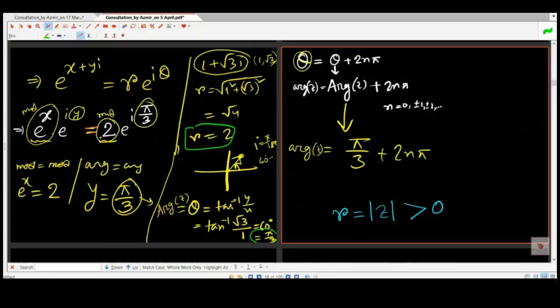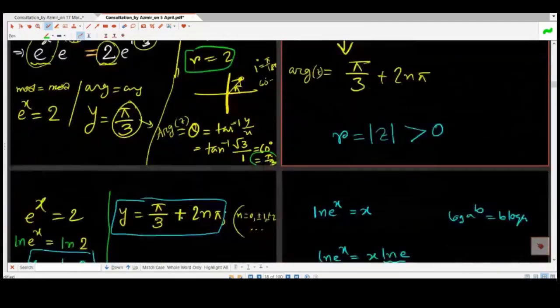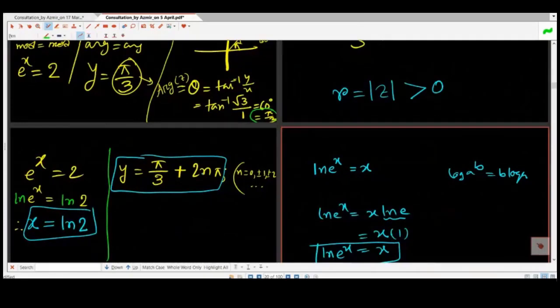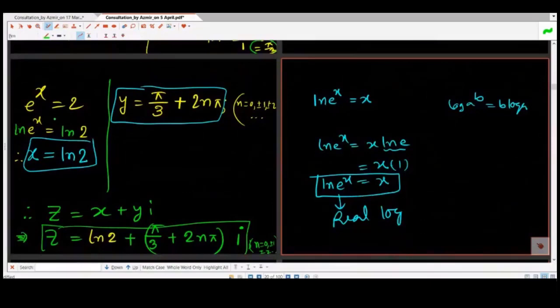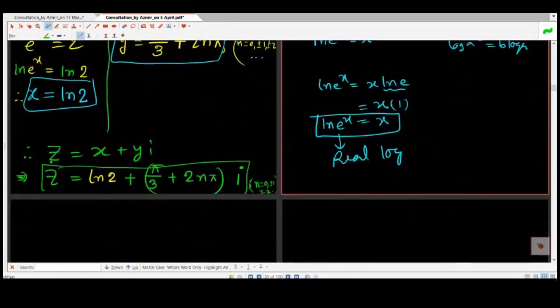That means their moduli are equal and their arguments are equal. We know that theta equals theta plus 2n pi. So we have used theta plus 2n pi. Then for finding x, we have taken logarithm on both sides. And finally, we have x and y. Where we have z, let's input x and y. So we will get the result.